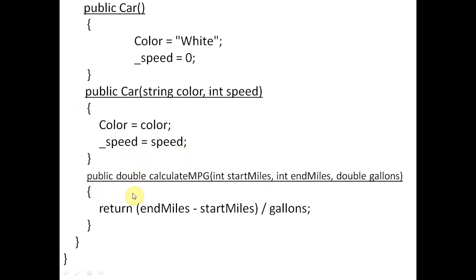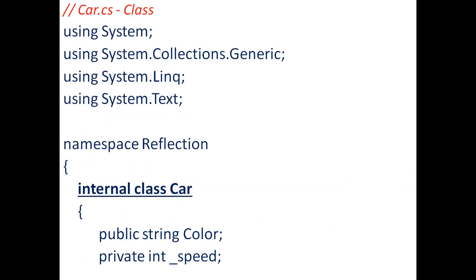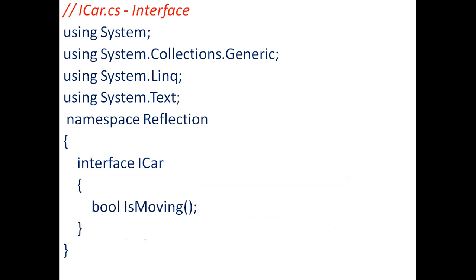And we have this calculateMpg function where we are passing the parameters, and the return statement is end mile minus start mile divided by gallons. So these are the different functions. You can see again we have one interface inside this reflection namespace. This is the ICar interface, and its function isMoving is not defined here; it will be defined in the coming classes.